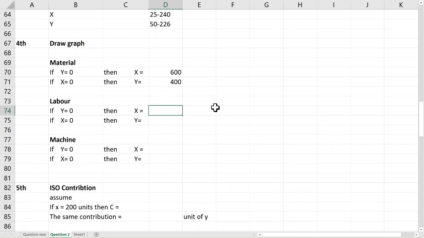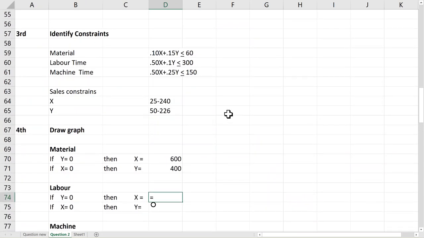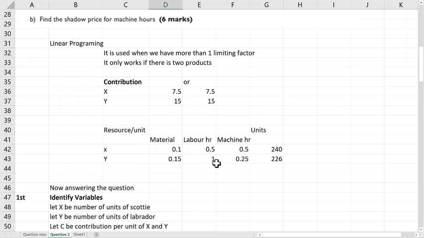Labor: 300 divided by 0.50 and 300 divided by 1, not 0.10, it's 1.